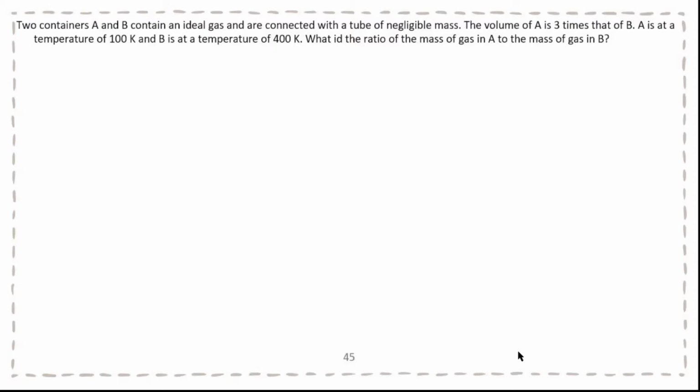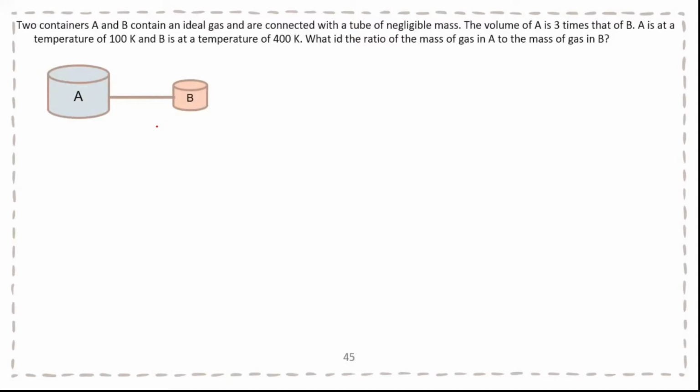So if we're to understand the problem, we have an illustration here. This is container A, which is much bigger than container B, three times the volume of B. Temperature is given also for containers A and B, 100 Kelvin and 400 Kelvin respectively.